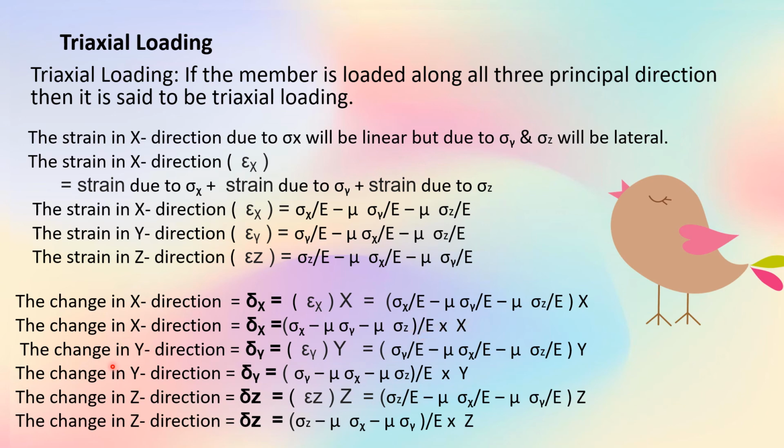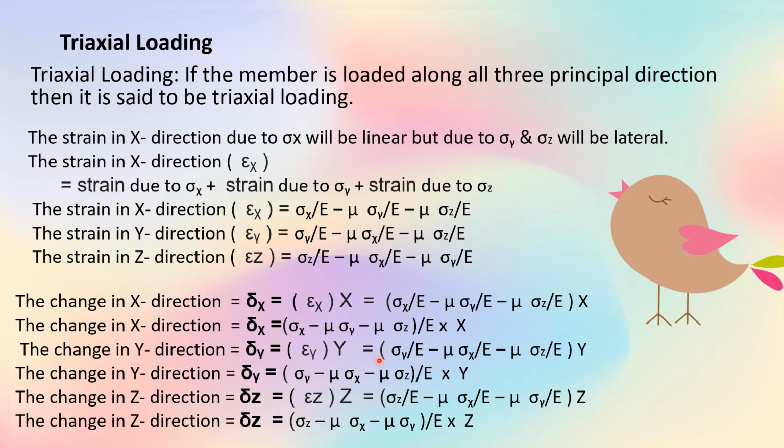Similarly, for the change in y direction delta y, the basic formula is epsilon y into y. Now epsilon y we substitute from here, so that is bracket open sigma y divided by E minus mu sigma x divided by E minus mu sigma z upon E bracket close. Now this sigma y upon E is linear strain, and minus mu sigma x upon E and minus mu sigma z upon E, this is lateral.